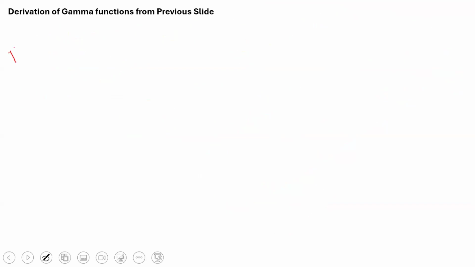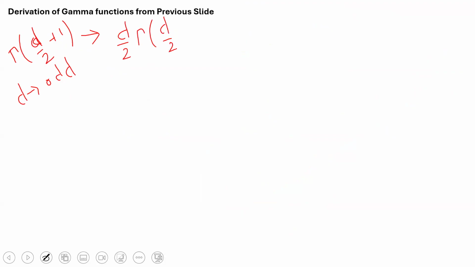We are trying to solve gamma of d by 2 plus 1 given that d is odd. Again, this can be written as d by 2 into gamma of d by 2.